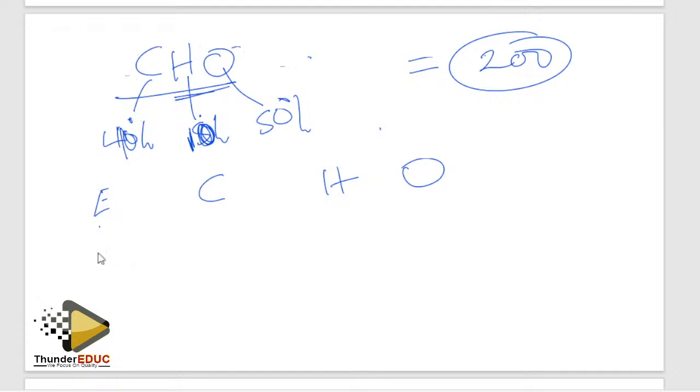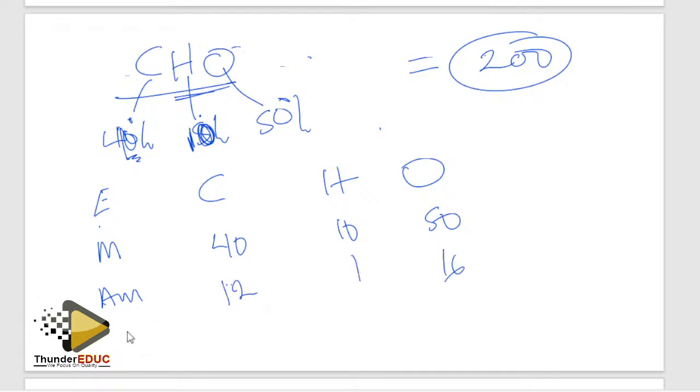The mass here is given in percentages: 40%, 10%, and 50%.